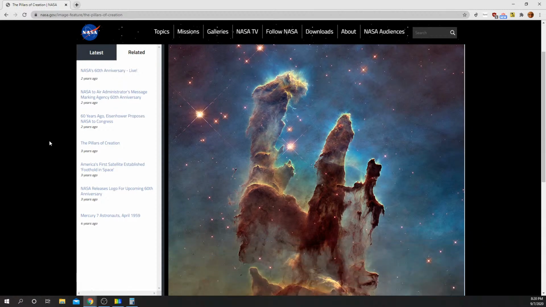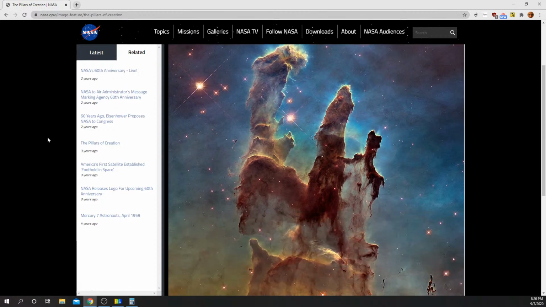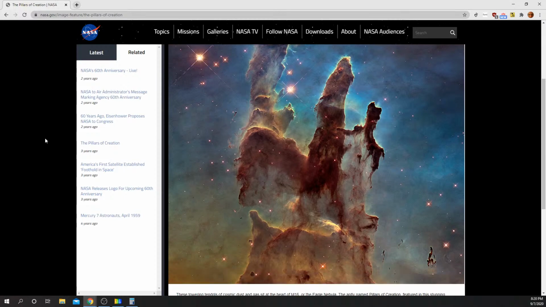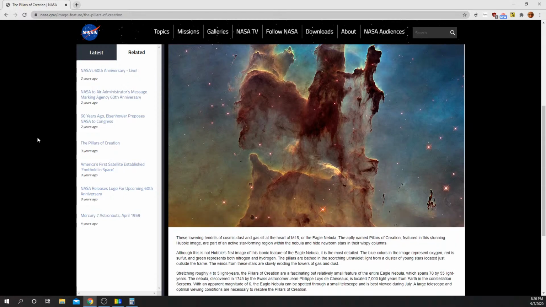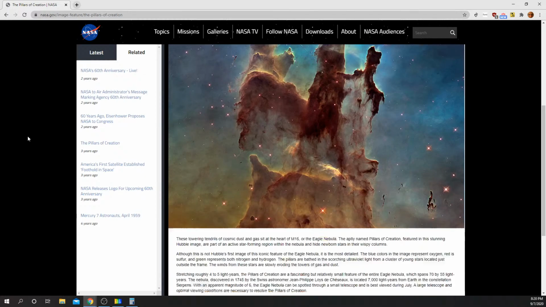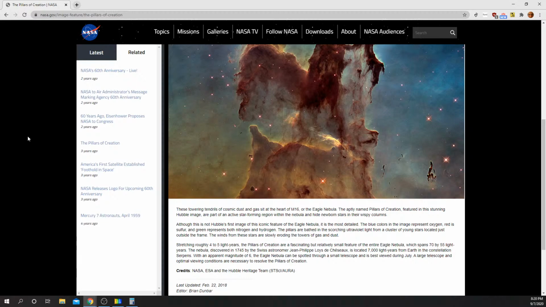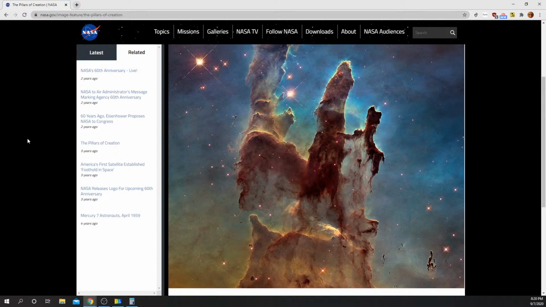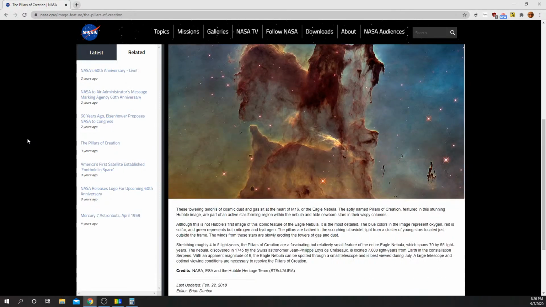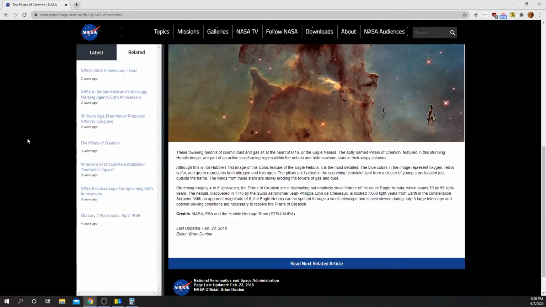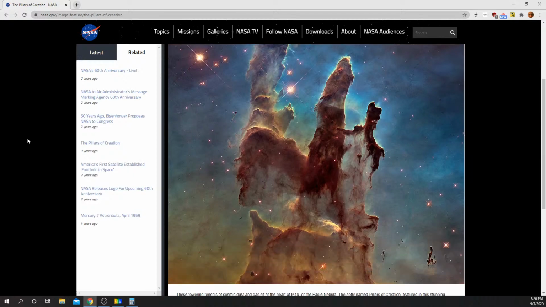As you can see why it's famous, it's just this massive cloud of dust. It's part of the Eagle Nebula. In the most detailed version, blue is oxygen, red is sulfur, green is nitrogen and hydrogen, so it's a false color image. I believe it was taken in infrared. Rather striking.